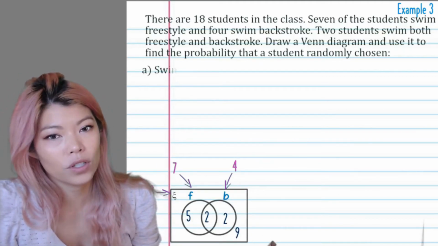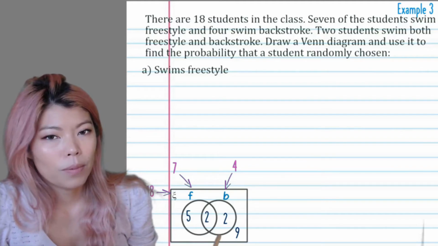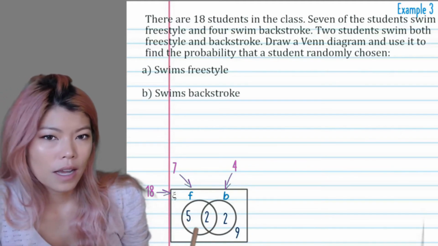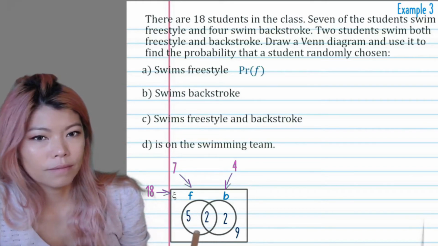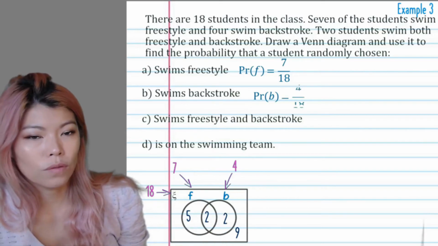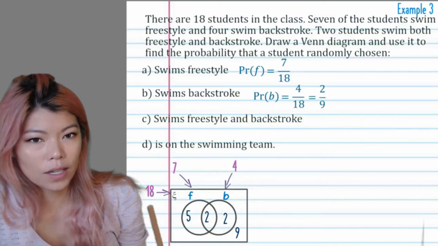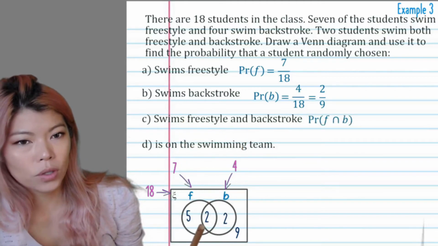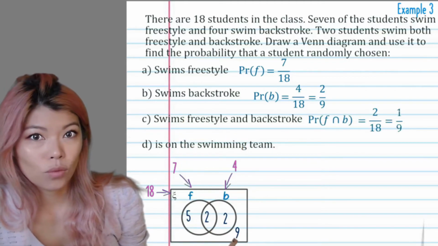Now let's answer the questions. The probability of swims freestyle, so F, that's 7 out of the 18. The probability of backstroke is 2 plus 2 is 4 out of the 18, simplified to 2 over 9. And swims freestyle and backstroke, that means the 2 in the middle, so 2 over 18 is 1 over 9.